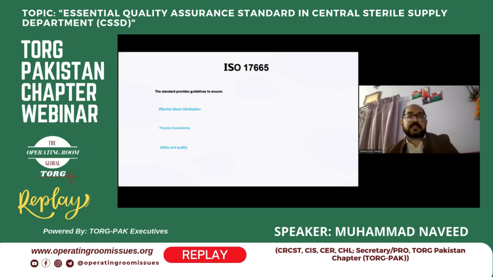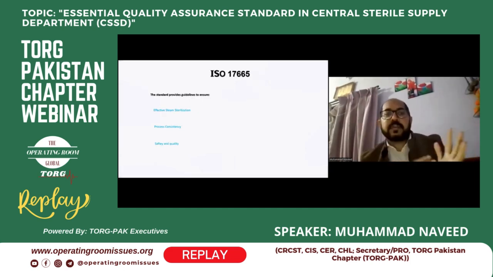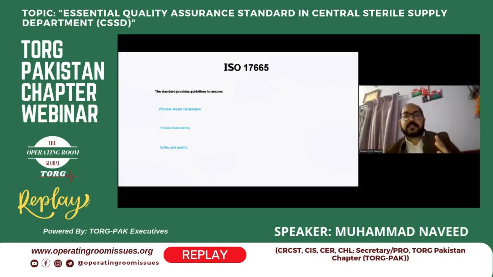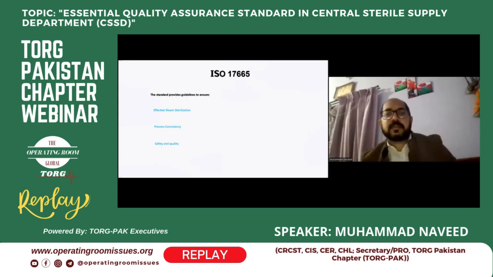This standard tells us the exact parameters we have to maintain. Temperature, pressure, and time are the most important parameters for steam sterilization. If we do not achieve those parameters, the specific range, we cannot assure the sterilization is done. So the manufacturer tells us about those things.